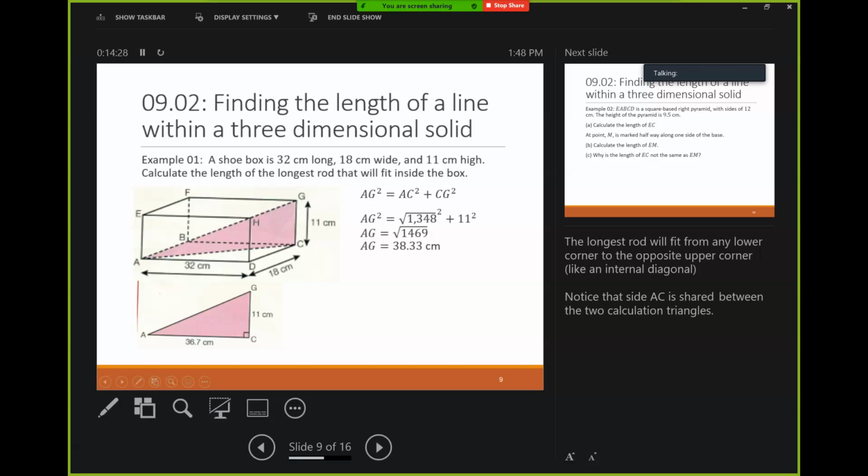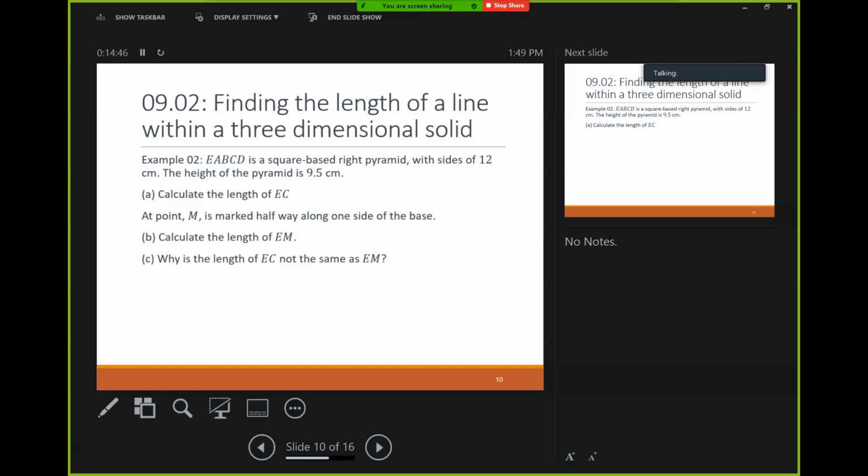And that's a hard version of this 9.2 kind of problem, where we have two steps to get to the answer we're looking for. Let's do another. Okay. So let's say that EABCD is a square-based right pyramid where the sides of the square are 12 centimeters and the height of the pyramid is 9.5 centimeters.